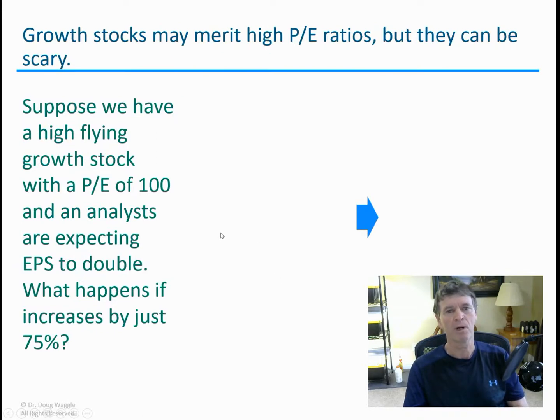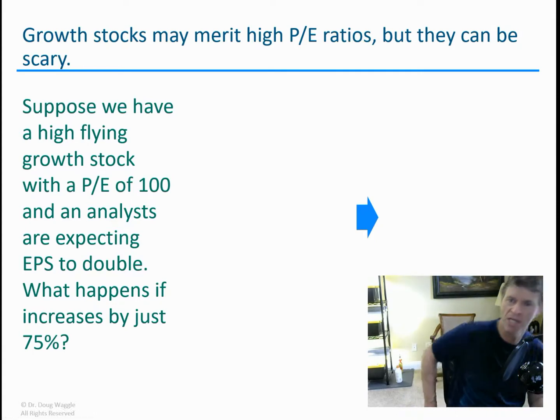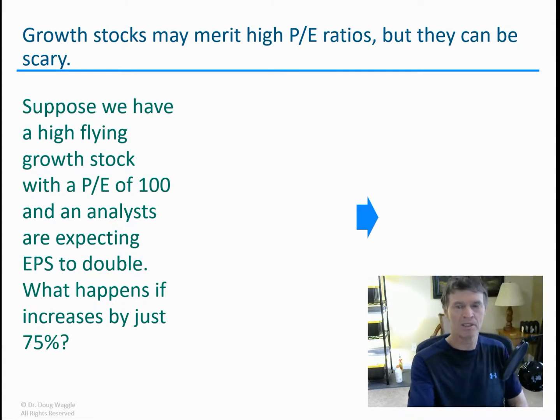Now, one problem with growth stocks. Suppose we've got a stock with a PE ratio of 100. I said the market average is 15. So a PE ratio of 100 means this stock is priced really high. It's expensive. But let's say the company has been doubling its earnings for a while, and analysts have been expecting earnings to double.